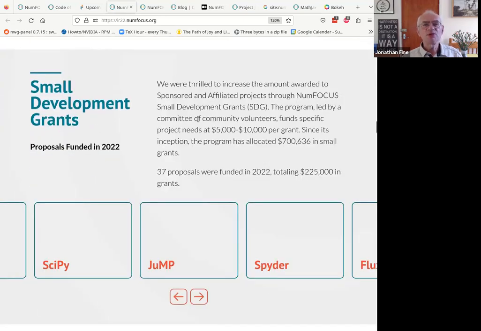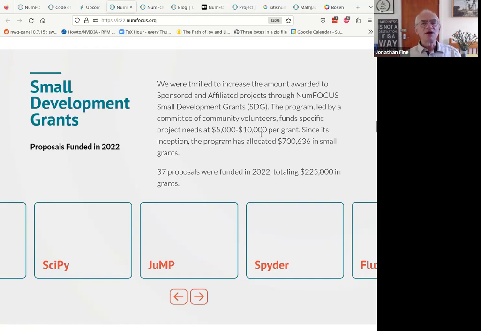And then they have small development grants, £5,000 to £10,000. And they funded last year 37 projects, £225,000. So that's actually about 30% of the funding was given last year. So this seems to be something that's growing in size.